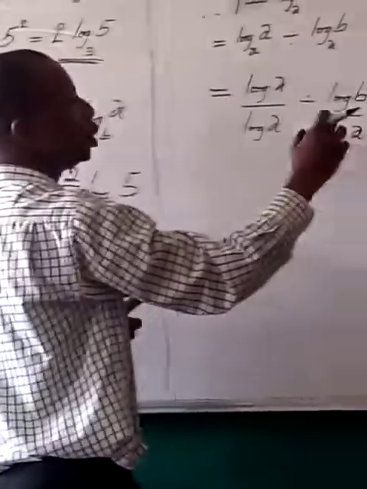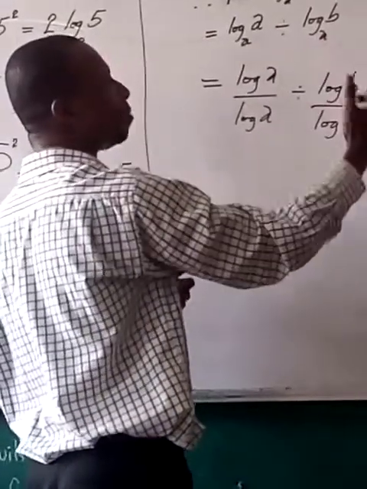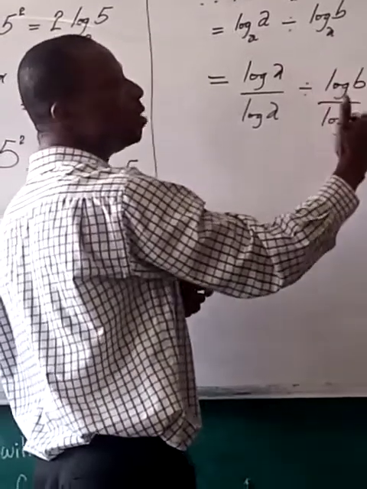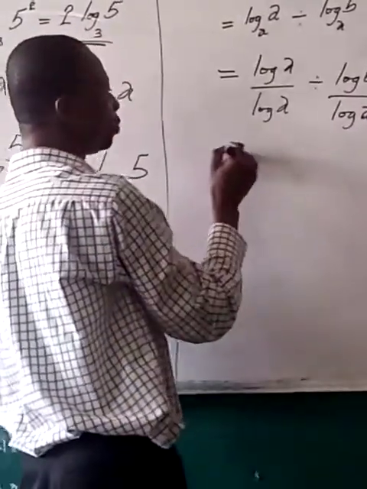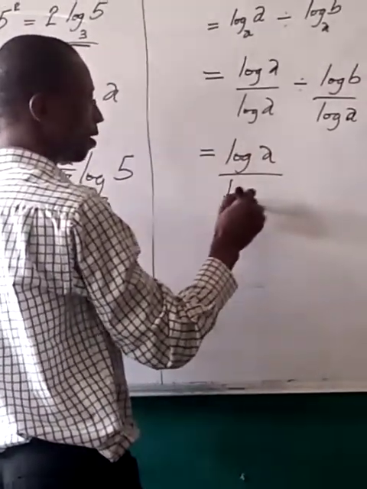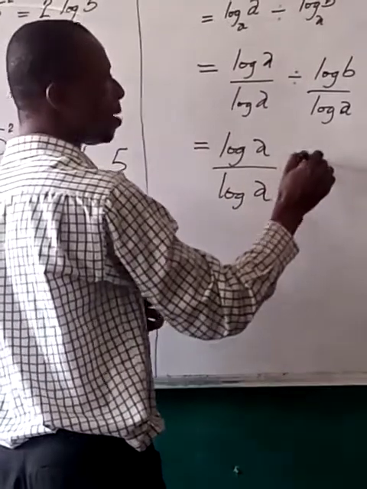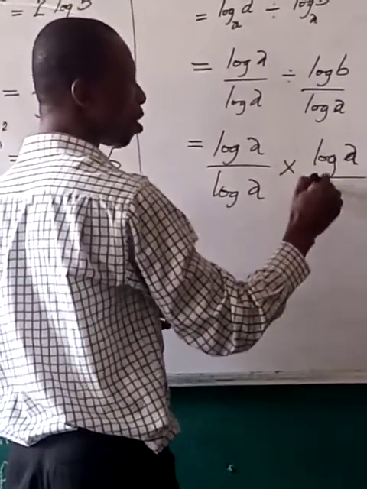Reciprocating means the numerator of the fraction at the back of the division becomes the denominator and the denominator becomes the numerator. So we can have it to be what? Log A over log A multiplied by log A over log B.